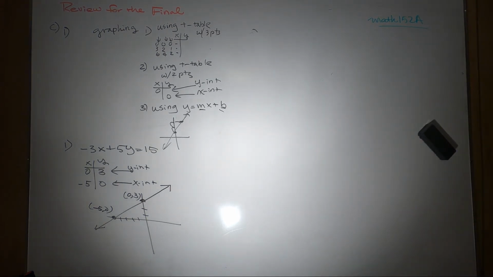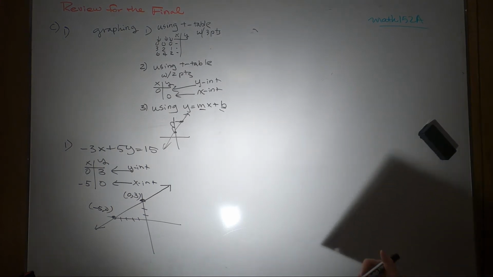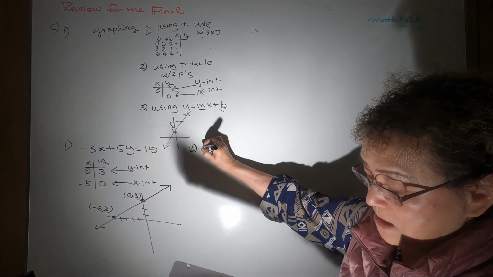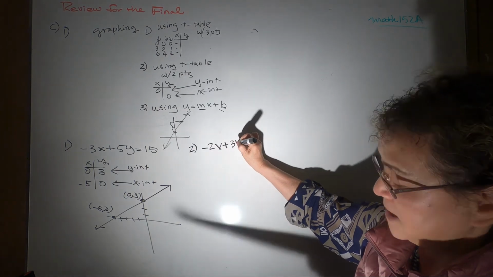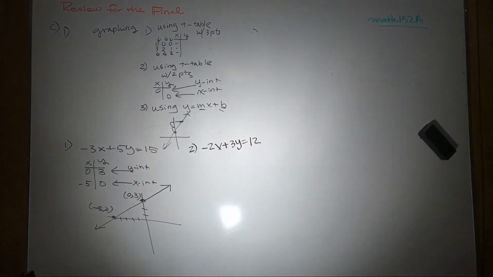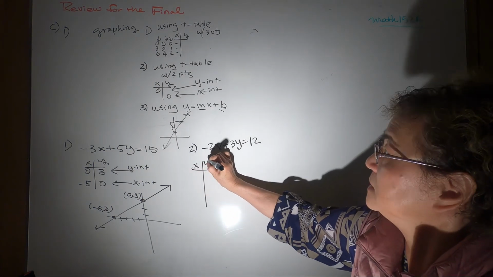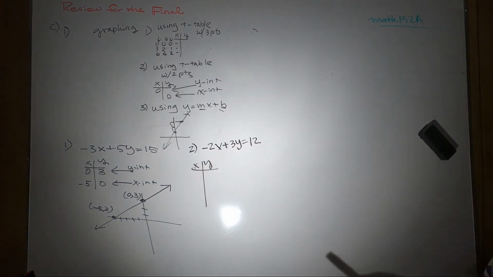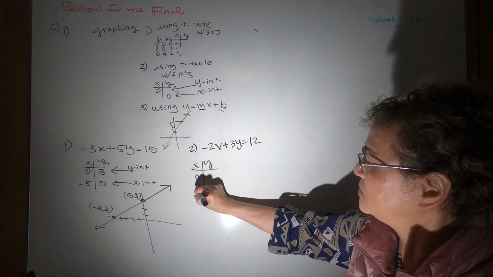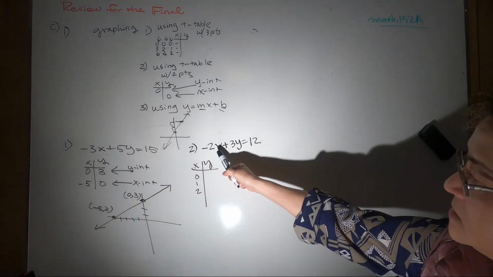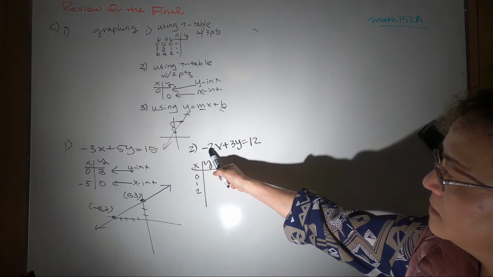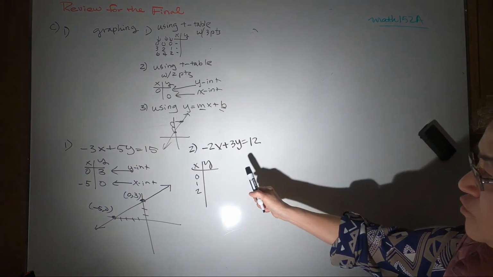So for 3 points, the second one is negative 2x plus 3y equals 12. So we use 3 points. That would be method 1, right? You can use 0, 1, 2, but 1 will give you a fraction.